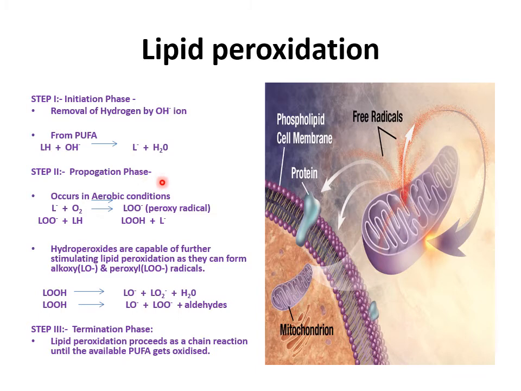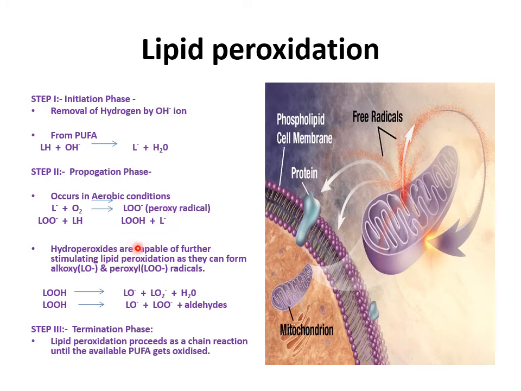The lipid free radical that is formed reacts with molecular oxygen to form a peroxyl radical, which can attack another lipid or polyunsaturated fatty acid, that is, a lipid hydrocarbon, and convert it into a lipid free radical. So you see, one free radical produces one peroxyl radical and again one lipid free radical.